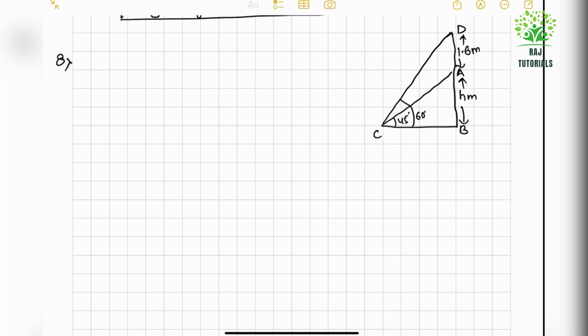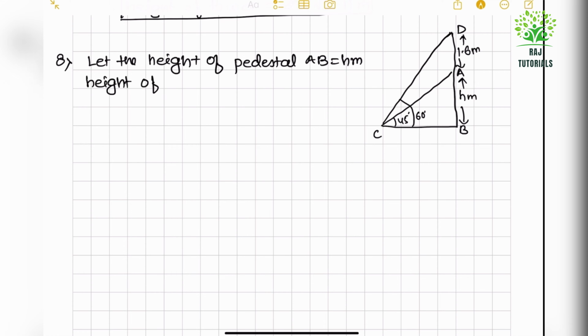Now next it says a statue 1.6 meter tall stands on the top of a pedestal. From a point on the ground, the angle of elevation of the top of the statue is 60 degree, and from the same point the angle of elevation of the top of the pedestal is 45. Find the height of the pedestal. So here I can say let the height of pedestal AB be h meter.